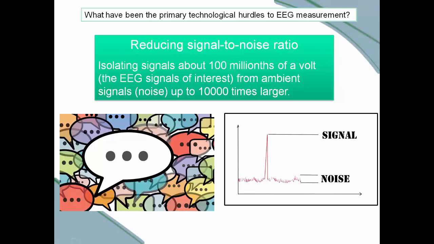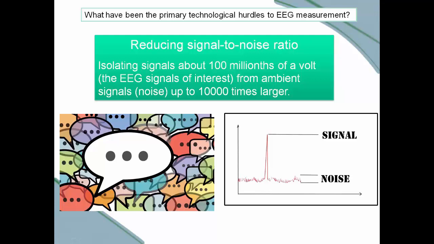And the issue now is not just amplification, because if you amplify a signal straight from the scalp, and your gain or amplification, let's say, is 100,000, you're going to also amplify everything else 100,000 times.